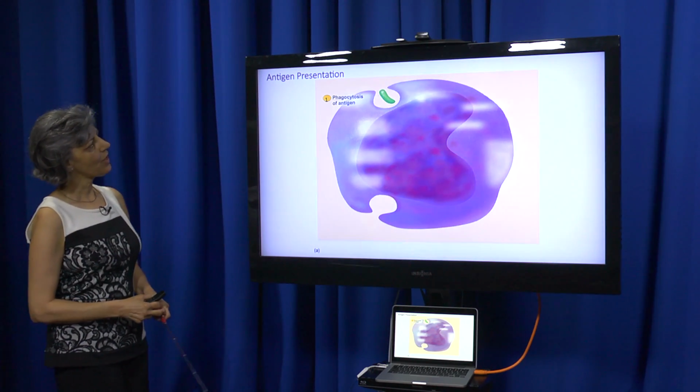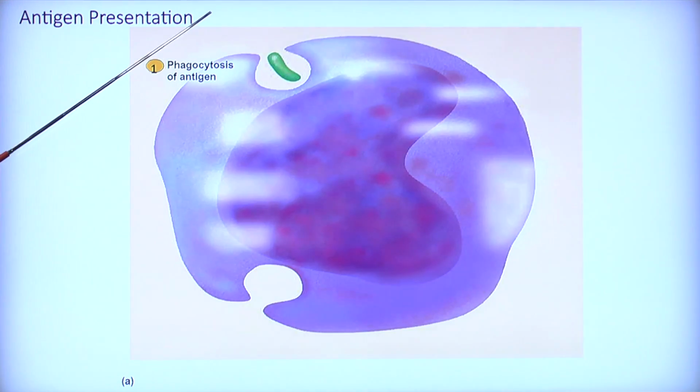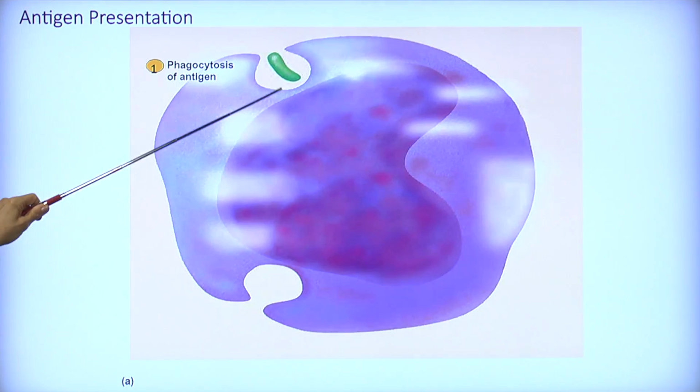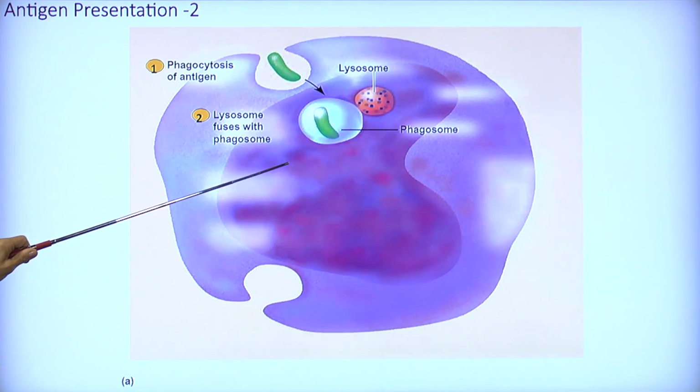This is the story of antigen presentation. So if I have an antigen that has invaded my body, it has broken the first line of defense, the second line of defense, and now it is inside the body. A phagocytic cell is going to take this antigen, is going to break it down.